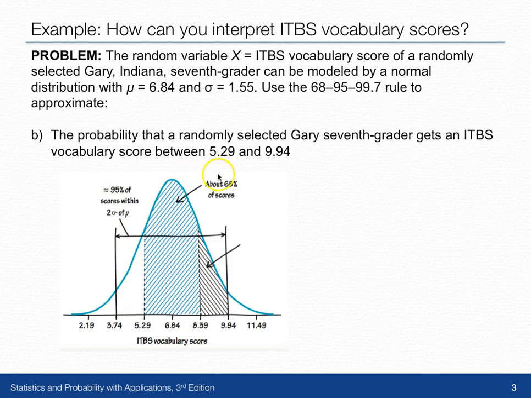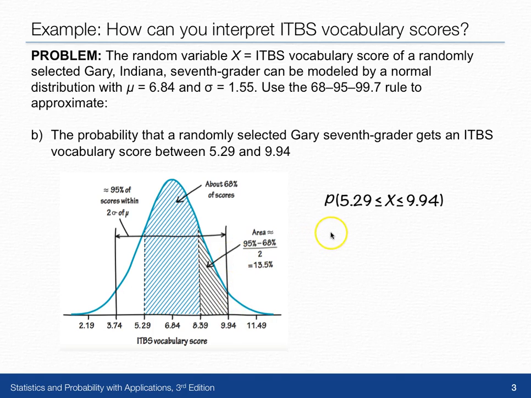That's 95 minus 68. By symmetry then, we can take 95 minus 68%, that 27%, and divide it by 2 to find that 13.5% of scores will fall between 8.39 and 9.94.